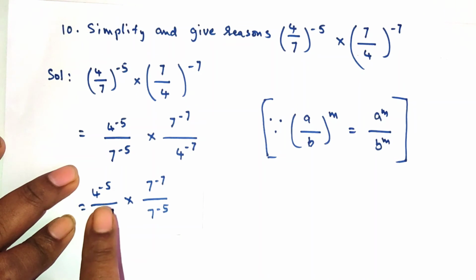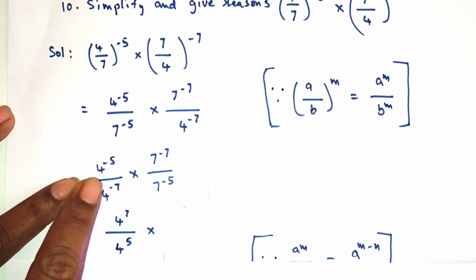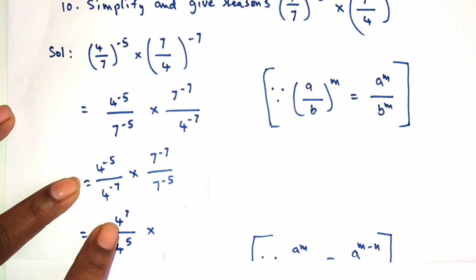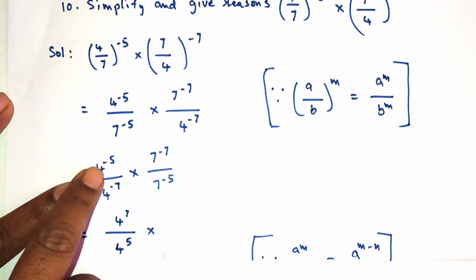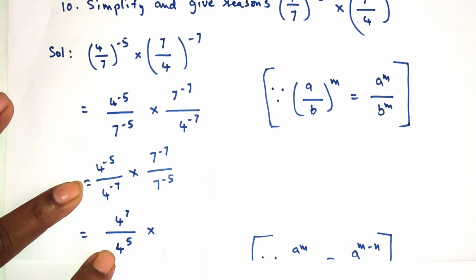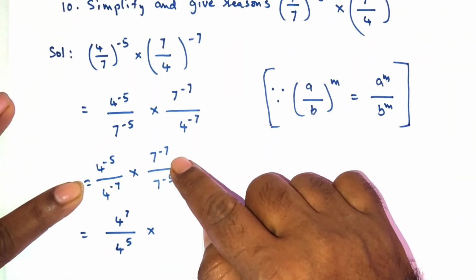Now let us convert the negative exponents into positive ones. By writing the reciprocal of this fraction, we changed negative exponents into positive. We have written this denominator as numerator and this numerator as denominator here. We got positive exponents for numerator and denominator. In the same way, we have written the reciprocal of this fraction.